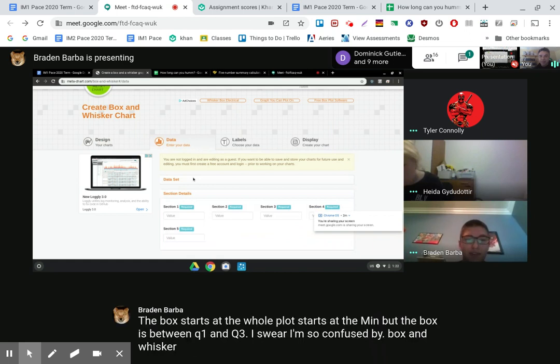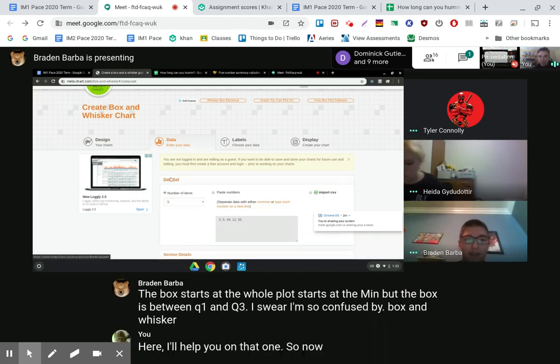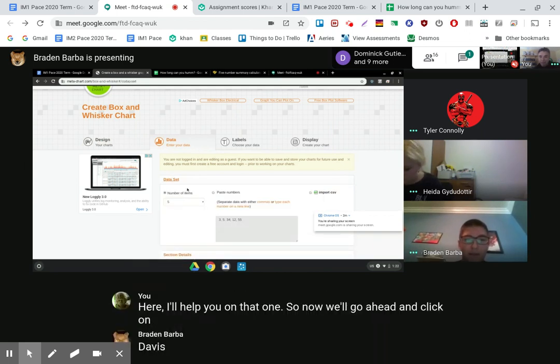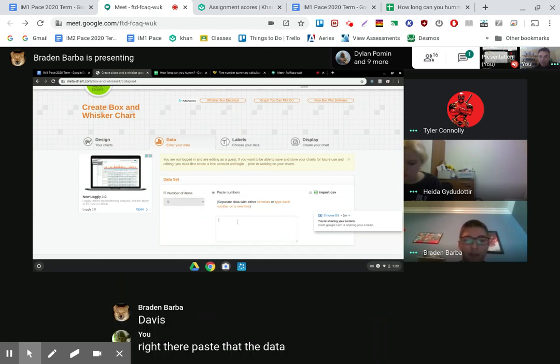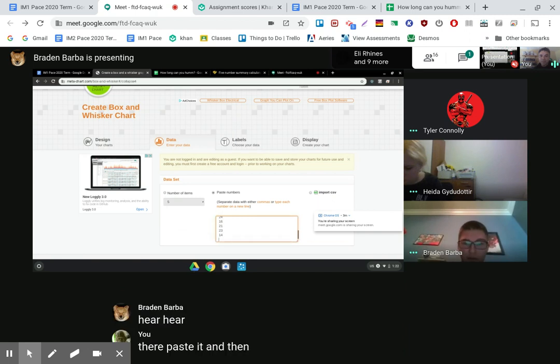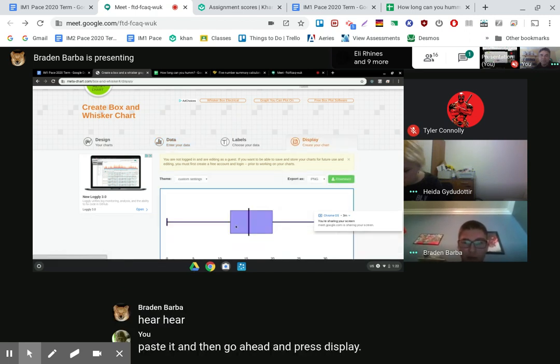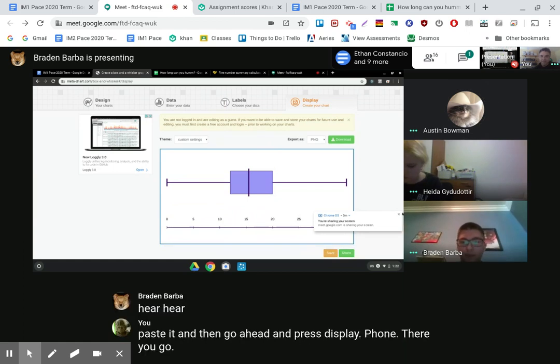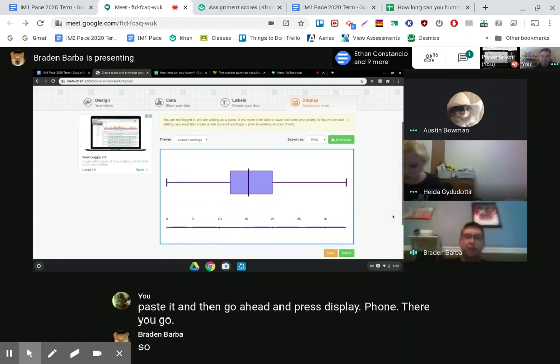Here, I'll help you on that one. Go ahead and click right there, paste the data right in the middle, and then press display. Boom, there you go. So this is what our box and whisker plot's gonna look like.